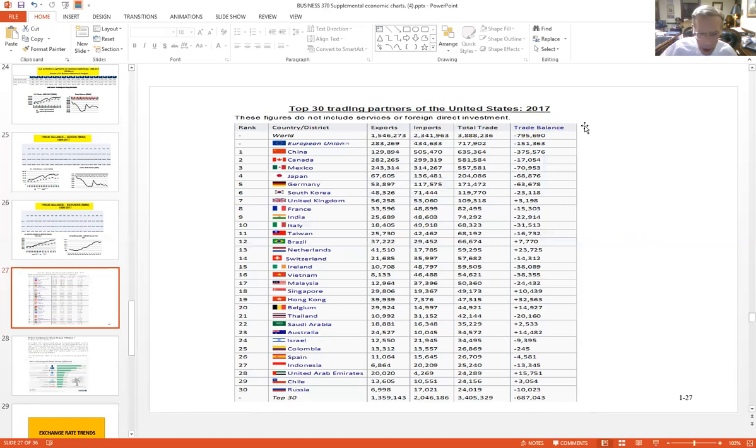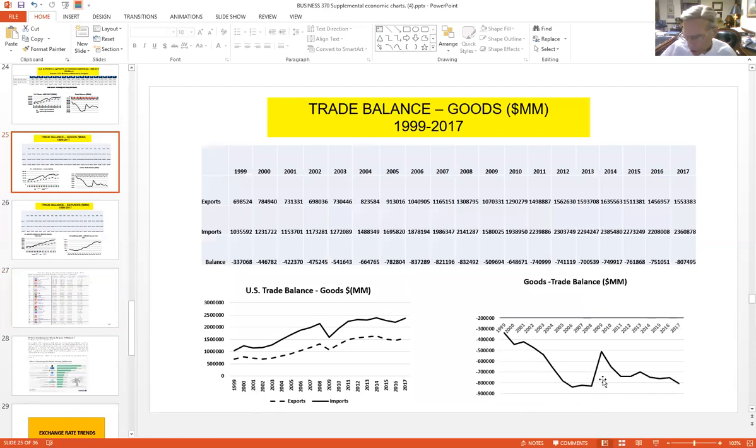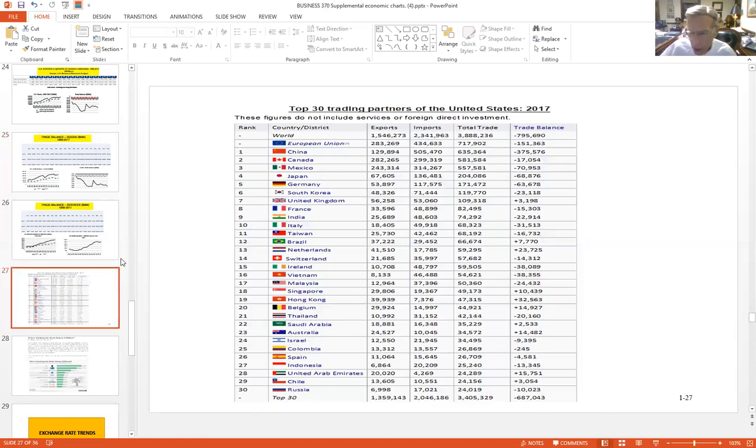And so if we look here, I showed you that the trade balance, the deficit was increasing and that we were up to about $800 billion. This exhibit, prepared by, I believe, the United Nations, has it at just under $800 billion.